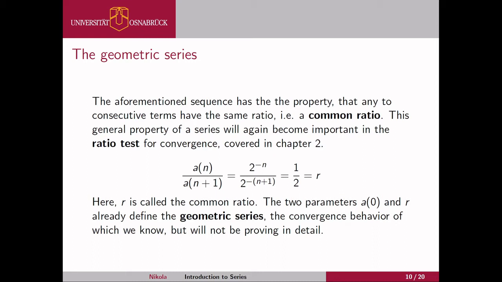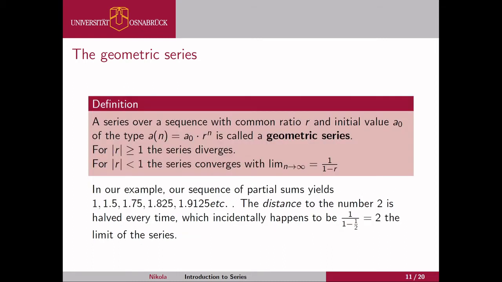And geometric series are very well studied in mathematics, and we know a lot about the convergence behavior, which I will go over in a second. However, we will not prove all of the foundations in mathematics that led to the knowledge which we're about to look at. Okay, so now let's look at the proper definition of a geometric series. You technically need three things. You need a common ratio r, and you need an initial value.